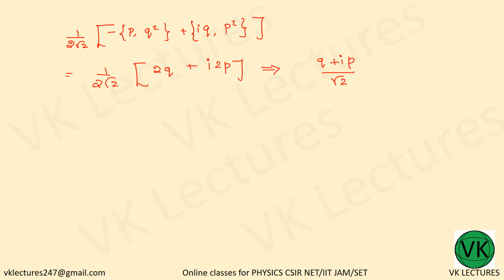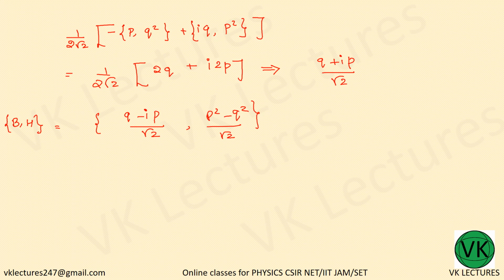Now the second one is b comma h, that gives us q minus ip by root 2 comma p square minus q square by root 2. So here we will do it in a simpler way.